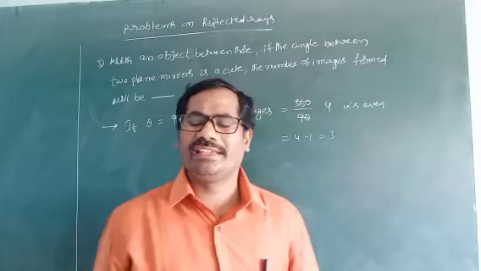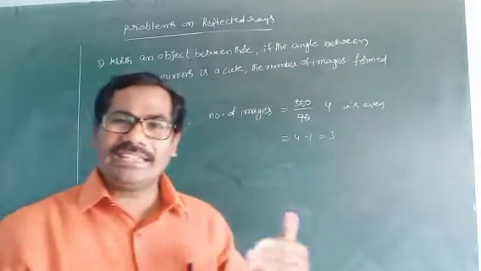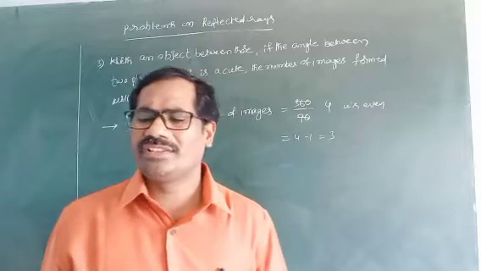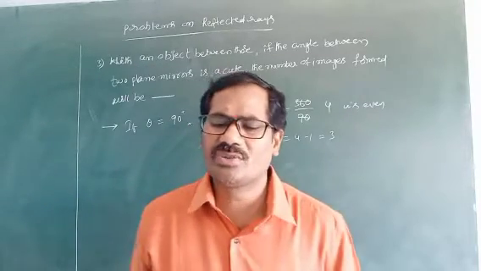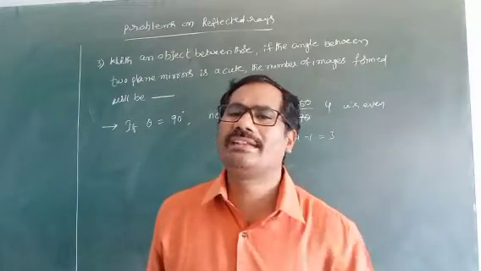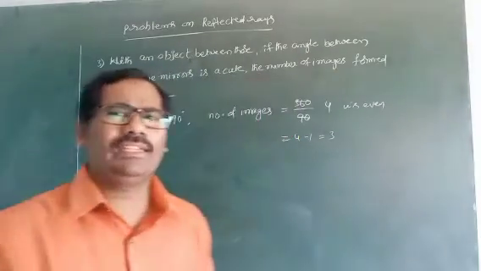When we decrease the angle, that means it is acute, and when the angle is acute, the number of images becomes more than 3. That is the answer.